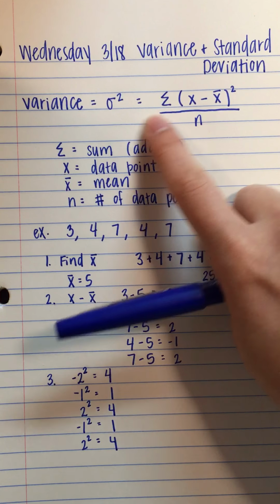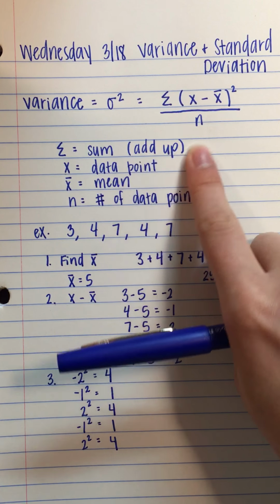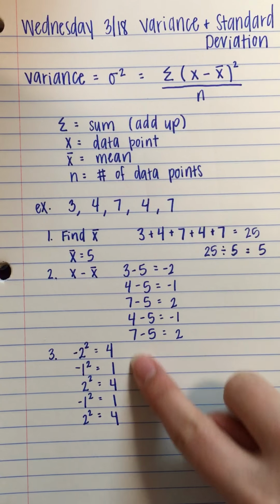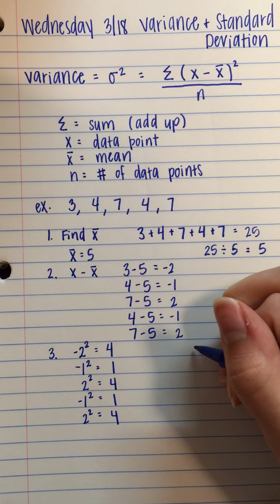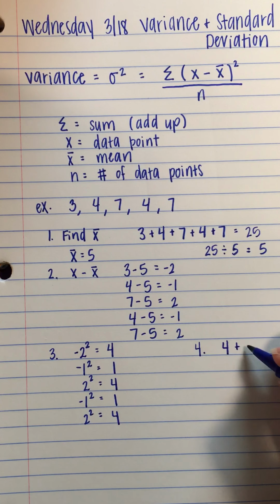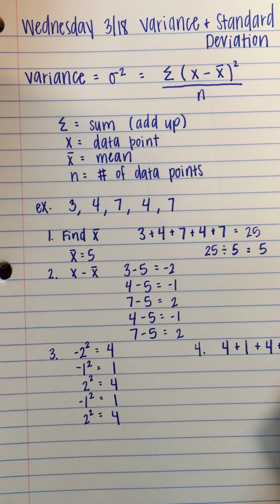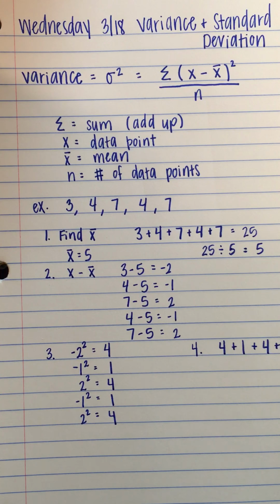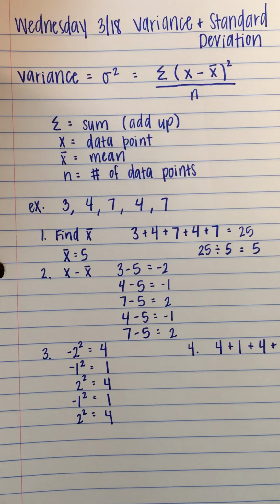Next up, this symbol here means to sum. So I'm going to add up everything that I just did. I'm going to put step 4 over here. So I'm taking all of these, and all I'm doing is adding, which would help if you could see that, huh?